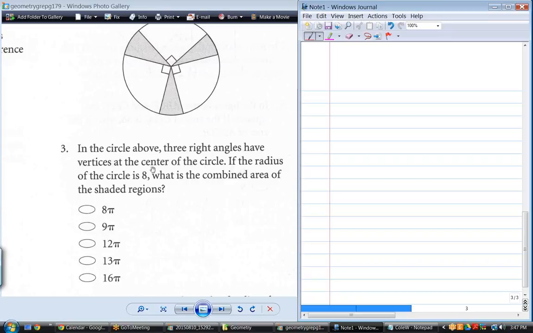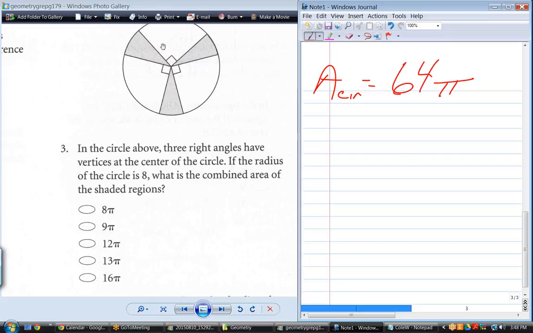So first of all, what's the area of the full circle? Pi r squared. The radius is 8. What is pi r squared equal to? 64 pi.